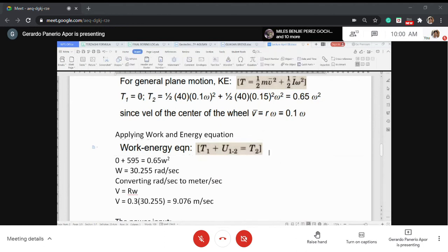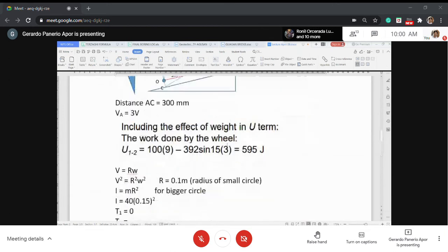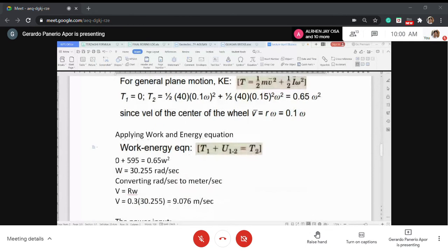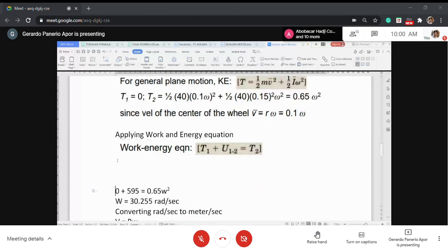Now U12, we already solved it, and that U12 is 595 joules. I will write it here. T1 is equal to 0. Started at rest.